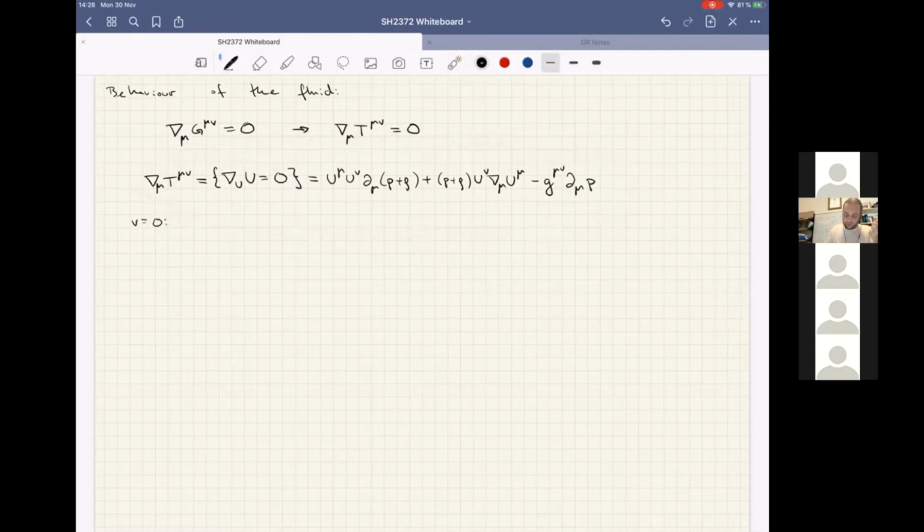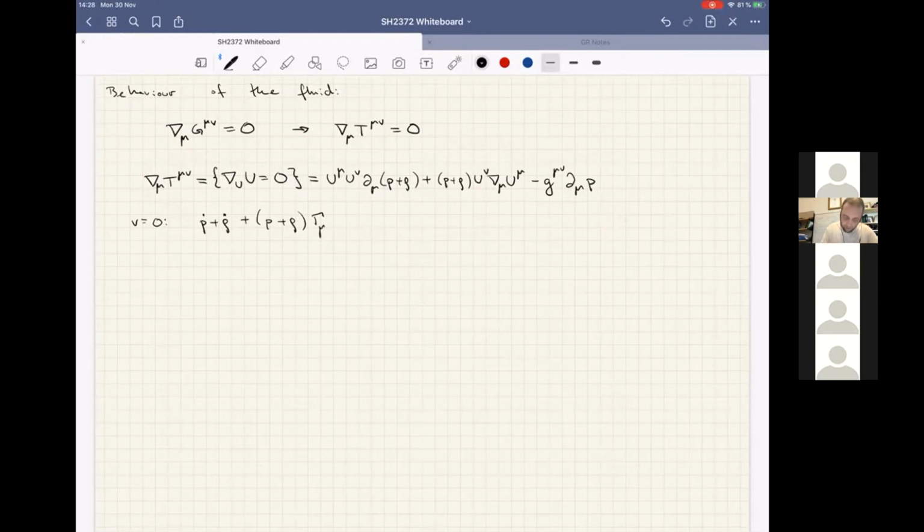and the only remaining equation is the ν equal to 0 equation. And if we put ν equal to 0, what we find is ṗ plus ρ̇ plus (p + ρ). ν was 0, so that's 1. And then we're going to have here Γ. Let's see what it becomes.